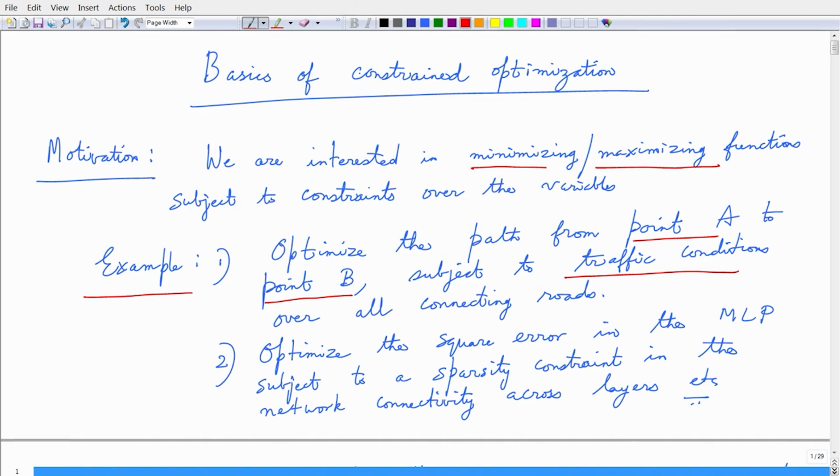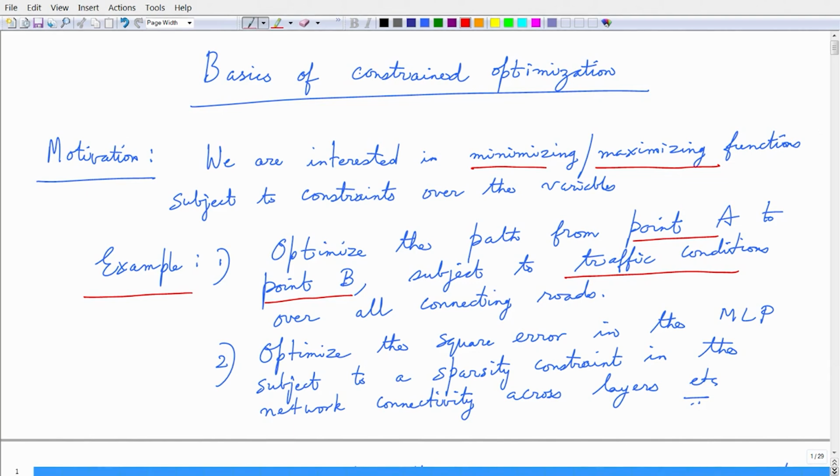A second example could be in connection to the neural networks that we are dealing with. Suppose we want to optimize the square error in the multilayer perceptron subject to a sparsity constraint in the network connectivity across layers. That is, I want to choose synapses that have non-zero strength, which is significant.